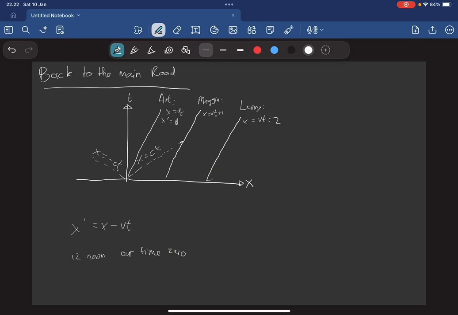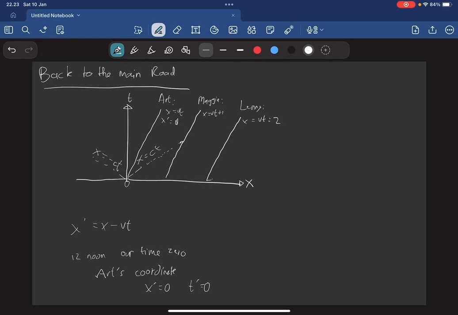We label our common origin with x equals 0 and t equals 0. So over here in your coordinates, and in Art's coordinates we have x prime equals 0 and t prime equals 0.